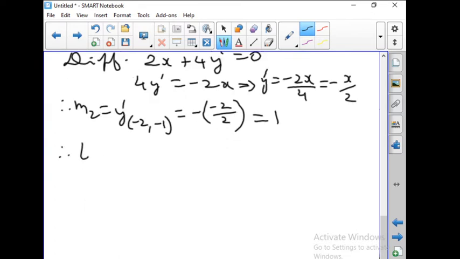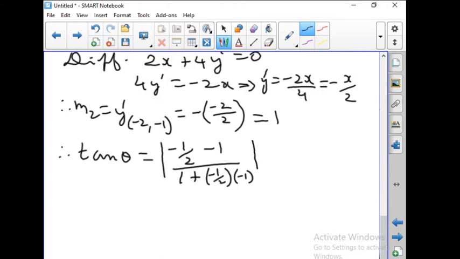Therefore tan theta is equal to modulus of m1 minus m2. We'll put it in the formula. So what is it? Minus 1 by 2 minus 1 by 1 plus minus 1 by 2 into minus 1.